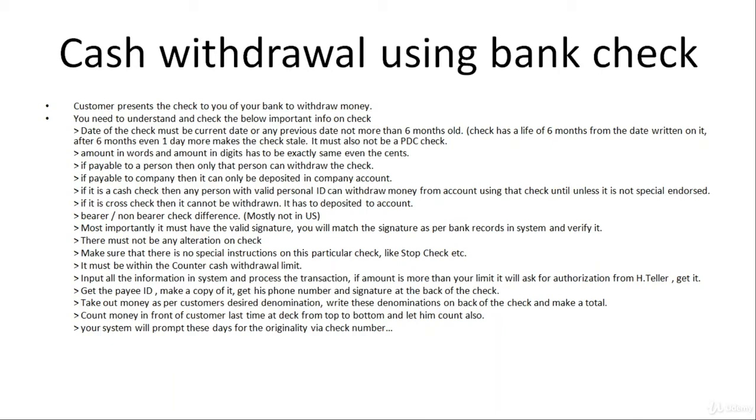There must not be any alteration on the check. Suppose the date was written and then it was stricken off, or the customer just erased it and altered something. If there is an alteration on the check, the account holder must sign the alteration. So if there are three alterations on a check, the account holder must sign next to each alteration.